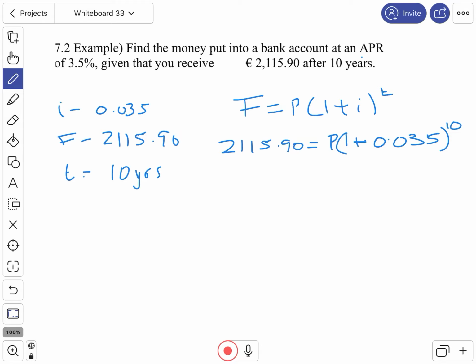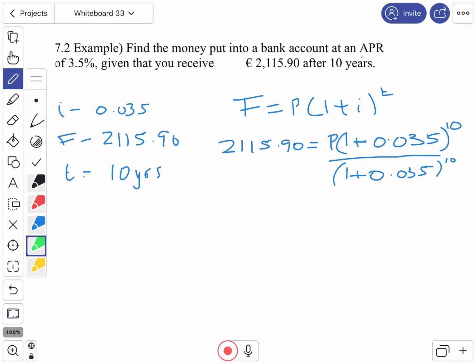Now I know I need to isolate this P value on its own. To do that, anything on that right hand side of the equals I don't want. Because they are multiplying, if I divide by this 1 plus 0.035 to the power of 10, they will cancel out. But because I've done that on the right hand side, I must also do the same to the left hand side.